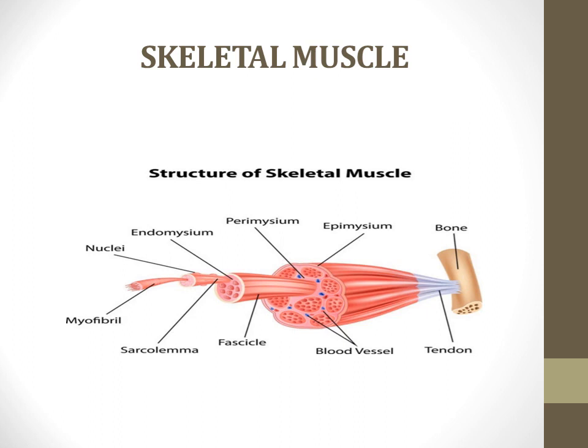Stripes will be there, right? And this is used for movement. Since it is attached to the skeletal system, it mainly helps with movement, right? Of course, we will learn about this muscular system in detail in chapter number 9. Fine.